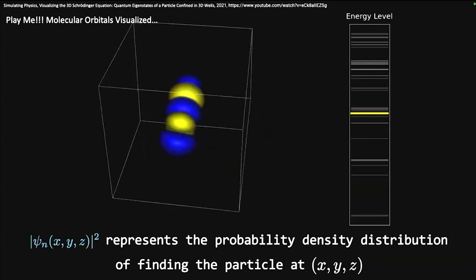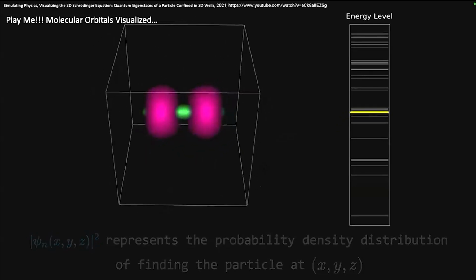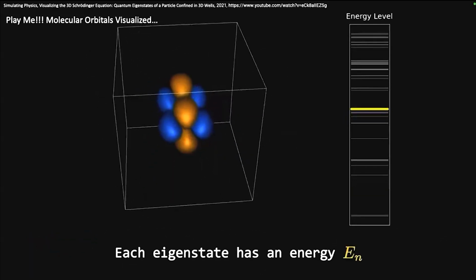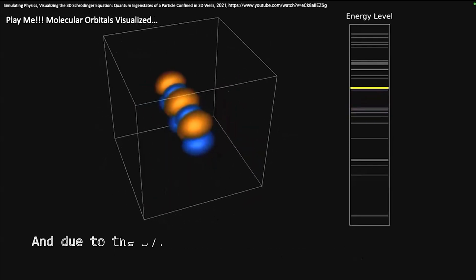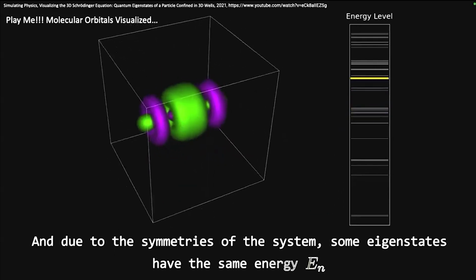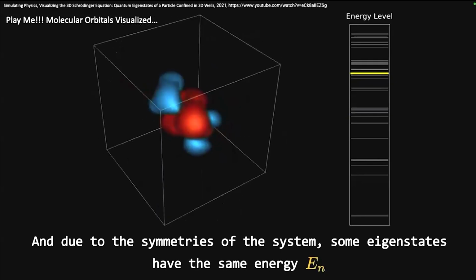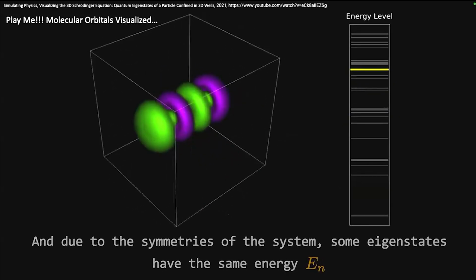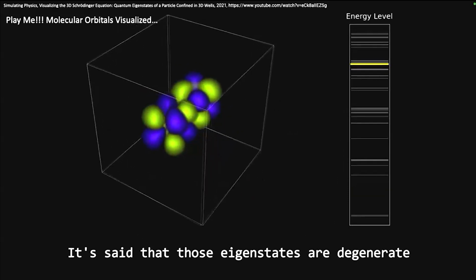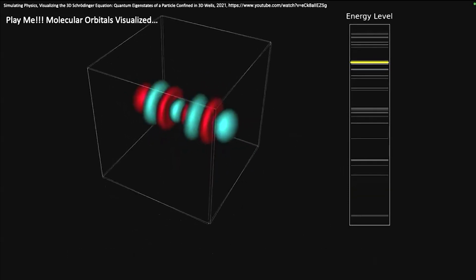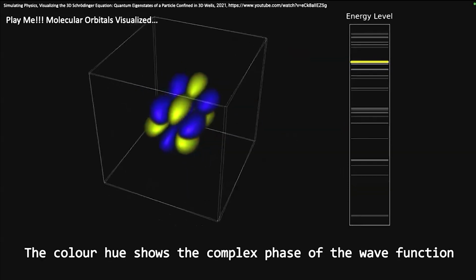So what we are seeing here is the probability density, associated with the energy. Some of the eigenenergies are the same, right?